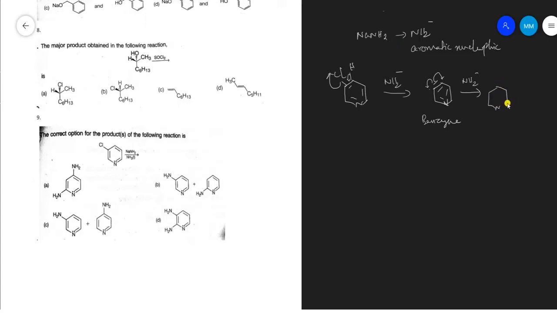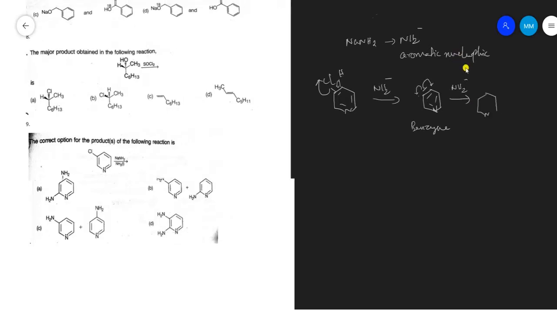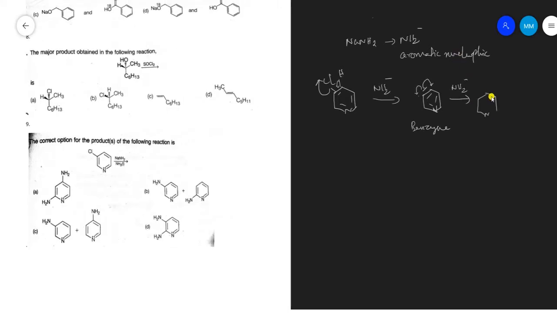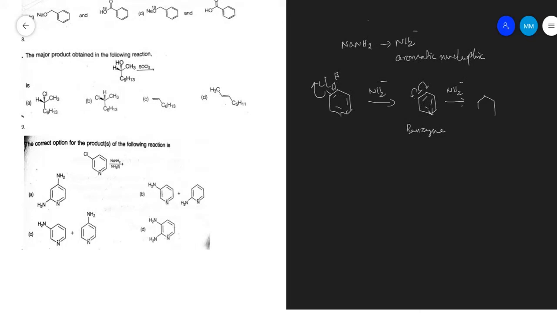If the substitution is at this carbon, you get this product, that is NH2, or it is substituted at the other place. What do you get? This product. So these are the mixture of products you get.